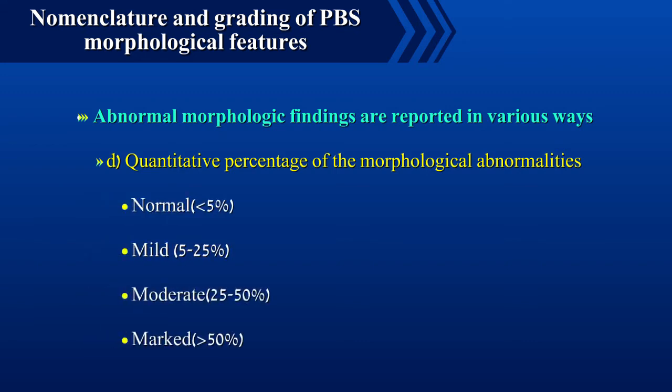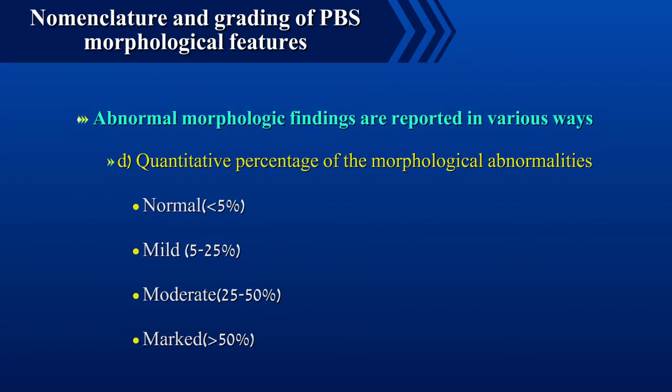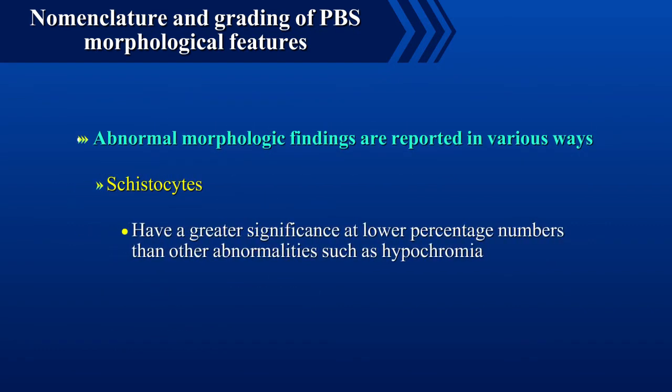Although certain morphological abnormalities, for example cystocytes, will have a greater significance at lower percentage numbers than other abnormalities such as hypochromia, and this is reflected in the proposed grading criteria.